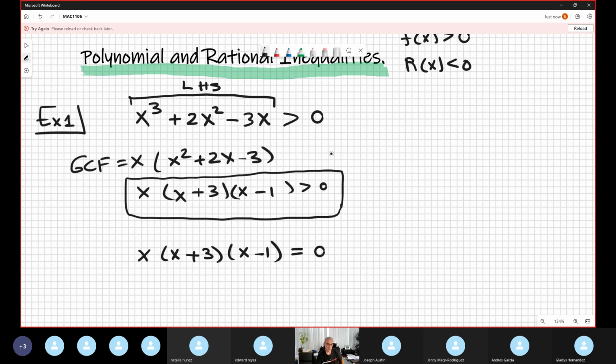This is super easy. You apply the zero factor property and you determine that the zeros of this equation are 0, -3, and 1. And these values are super important. They are called critical values.